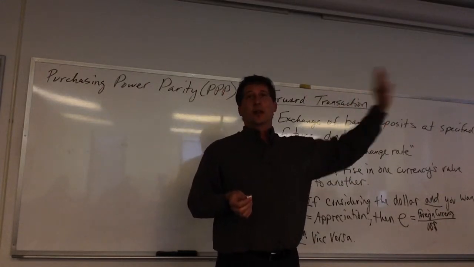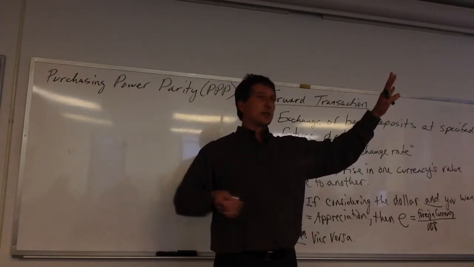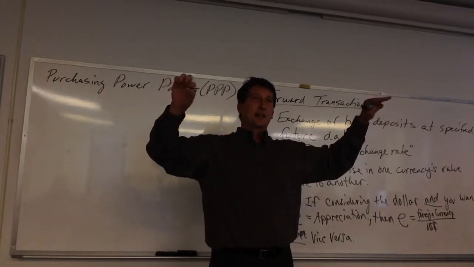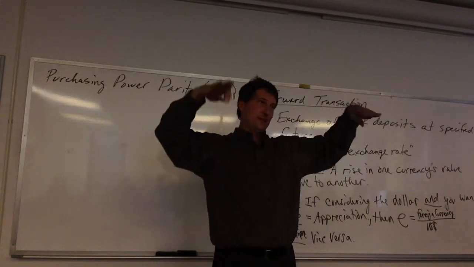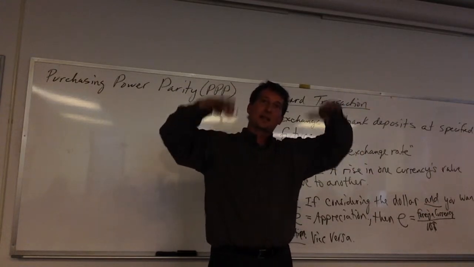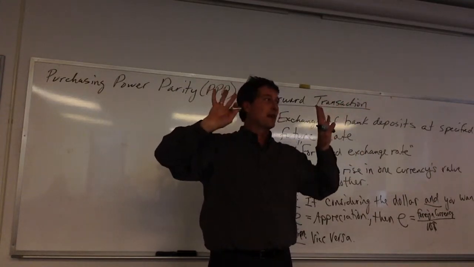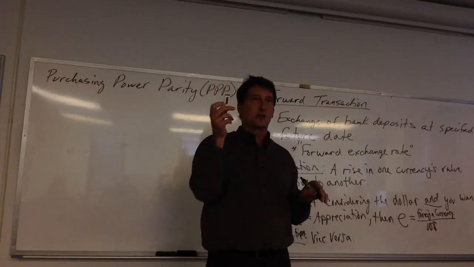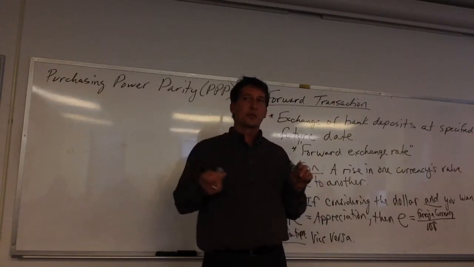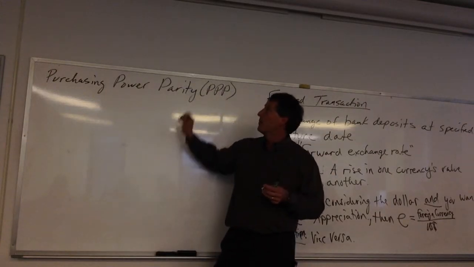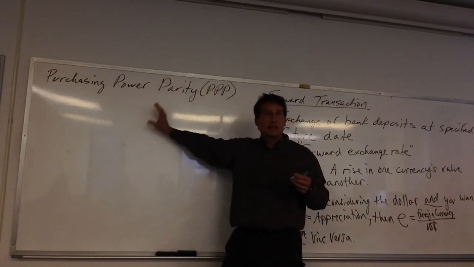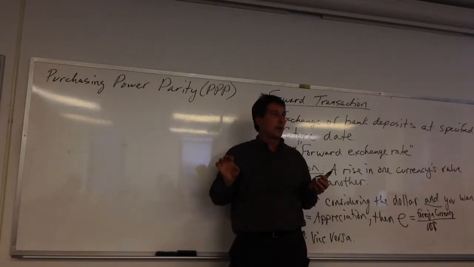If that thing was 12 Aussie dollars and it was $10 in the United States, the equalizer is going to be the exchange rate. So the E is going to be the thing that's going to fluctuate to effectively equalize the cost of those two goods. It's also referred to in that context as the law of one price. But it's the exchange rate adjustment that takes place that's purchasing power parity.